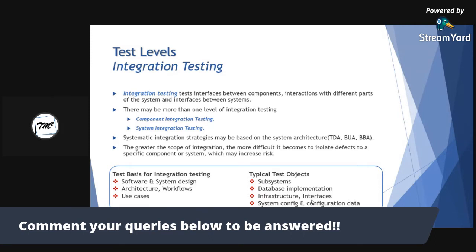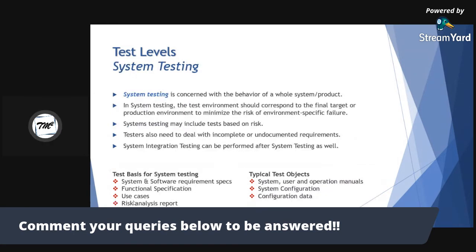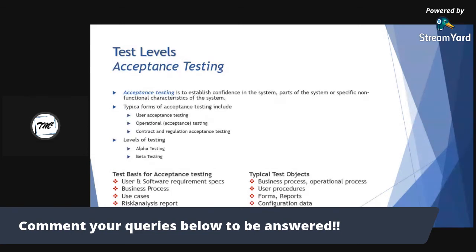In that case you need to quickly recall that, if you see in integration testing, use cases are a common test basis for three levels, that is integration, system, and acceptance. So if you see these three levels, we have the same test basis, that is use case.